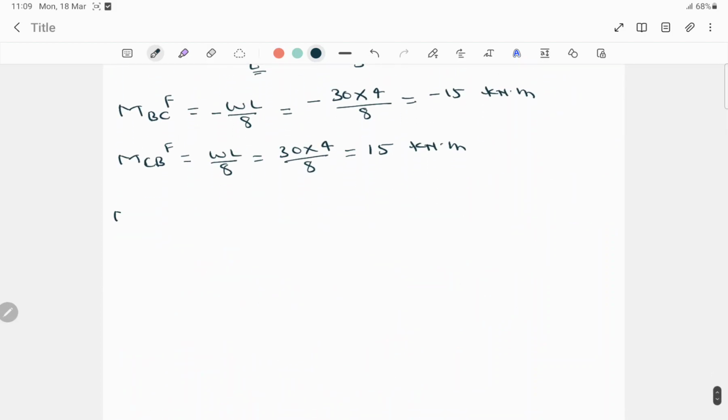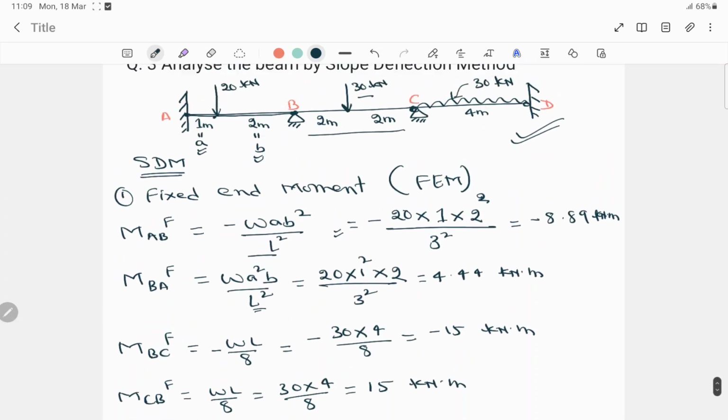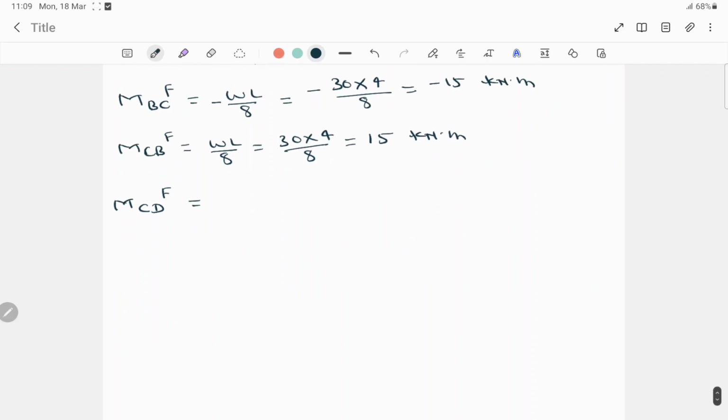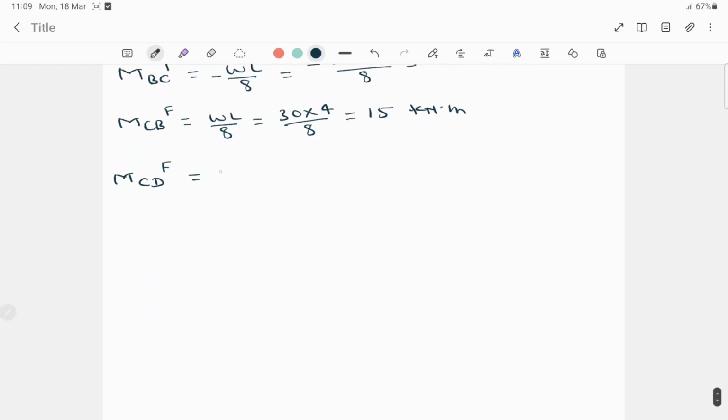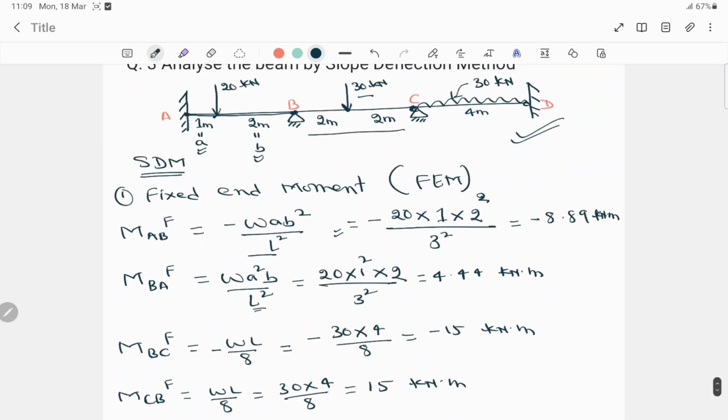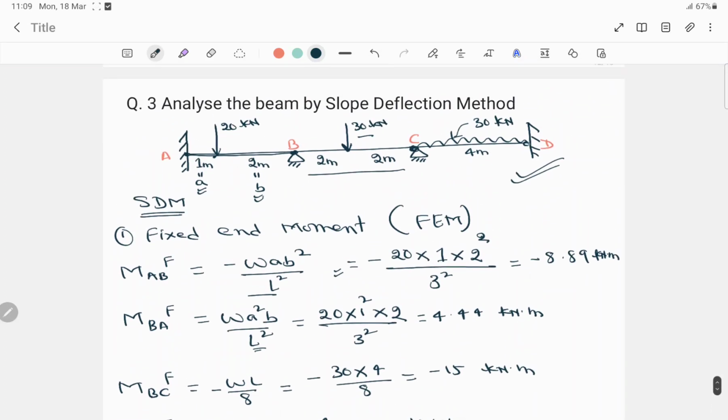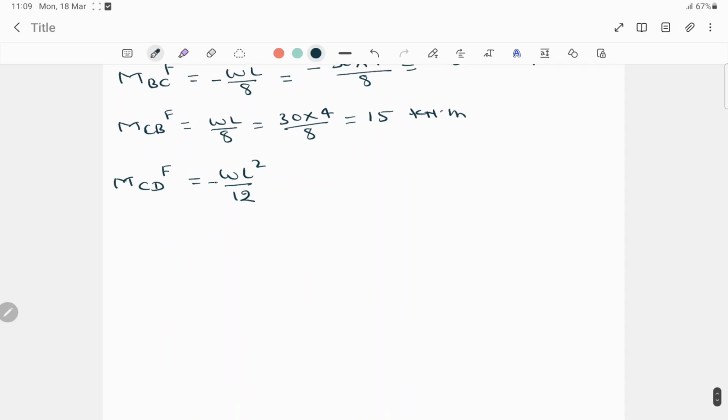Here, for the fixed end moment from C to D, it's a UDL. In case of the UDL, the formula is WL square by 12, and when we consider from left to right, the formula will be negative.